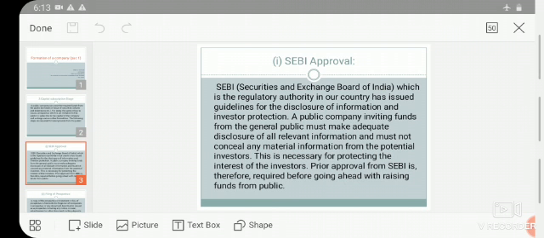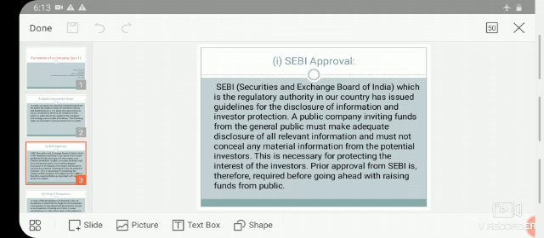SEBI is the regulatory authority in our country which has issued guidelines, notifications or instructions for the disclosure of information and investor protection.